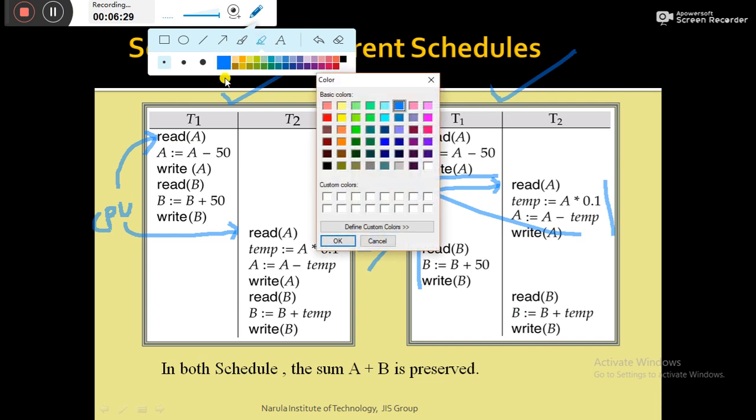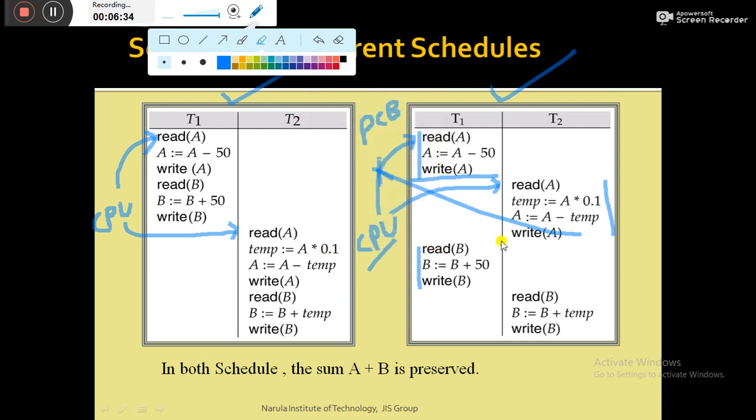So at that point of time, once these 4 instructions of T2 are already executed by CPU, then CPU releases the transaction T2 and then again performs the context switch.